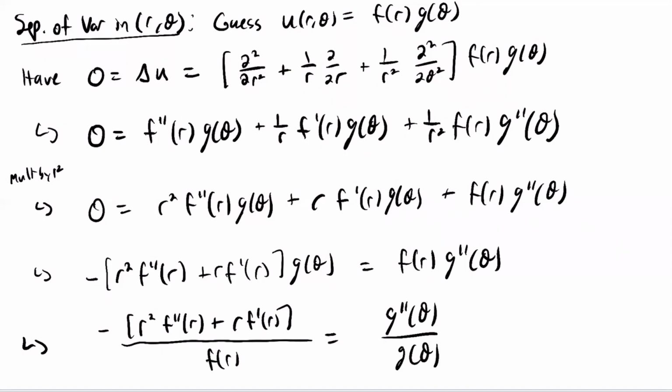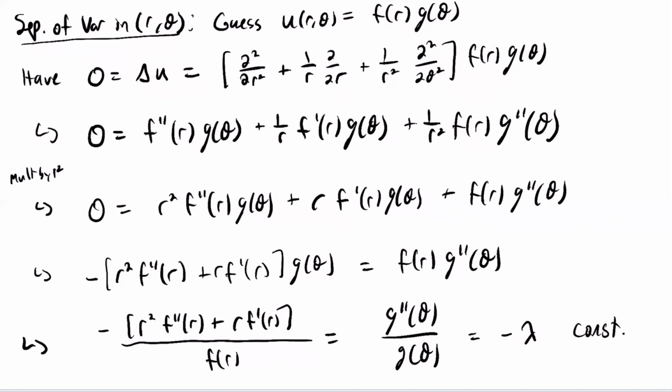And since r and theta are separate variables, of course, this has to be equal to some constant, let's say minus lambda, where this is a constant. This is kind of an arbitrary choice. The reason I'm putting a minus sign here is just because we have a minus sign here. But it's just equal to some constant.